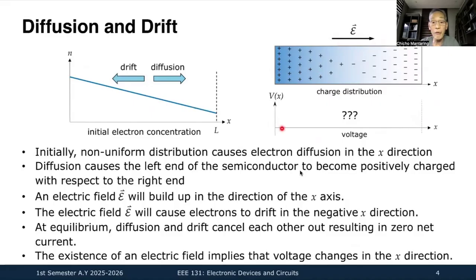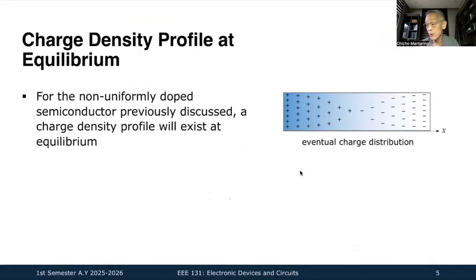Or there's going to be a voltage profile along the x-axis. There's going to be a change in the voltage or the potential along the x-axis. So we want to explore that voltage some more.